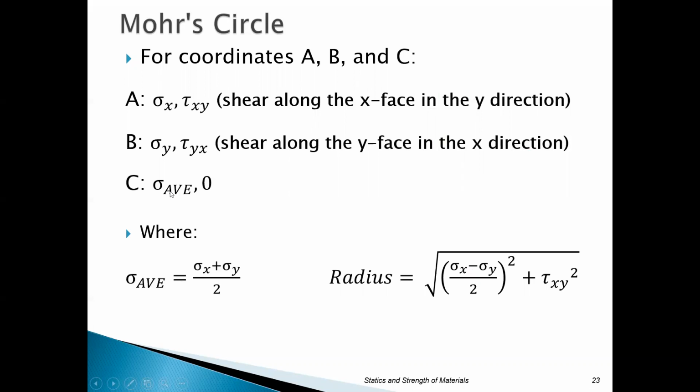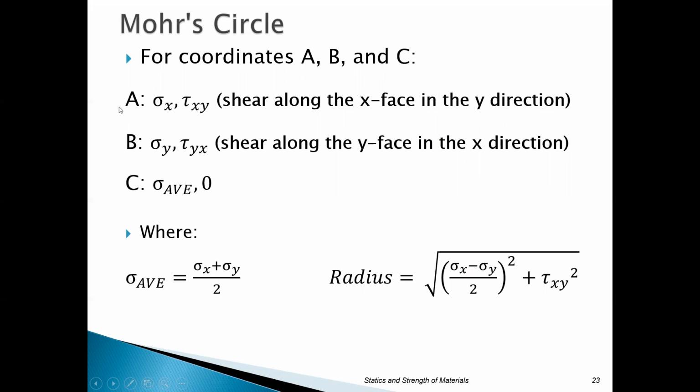Okay, so the average is the location of the center point of your circle. Notice it's always going to have C for its y coordinate. But what we do is we solve it by just taking the average. So you just take your average by calculating your normal x plus your normal y, divided by 2. And that will give you what your value is here.